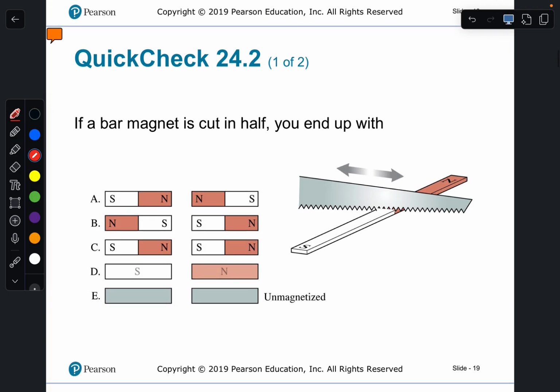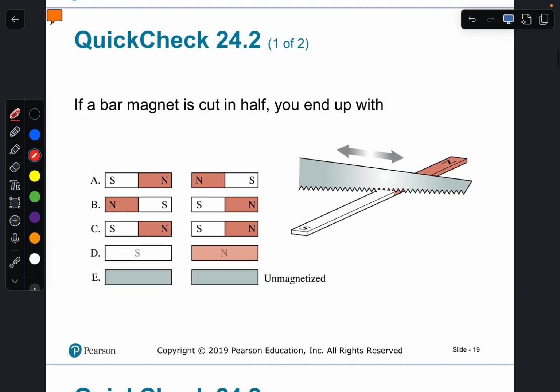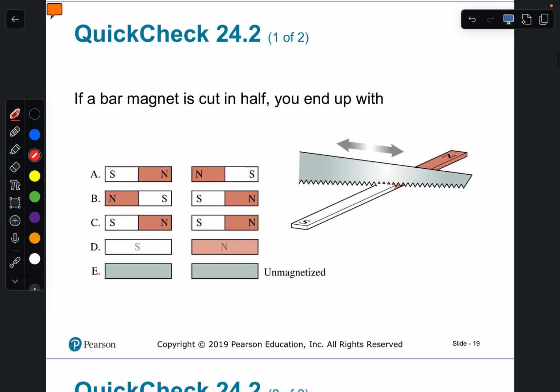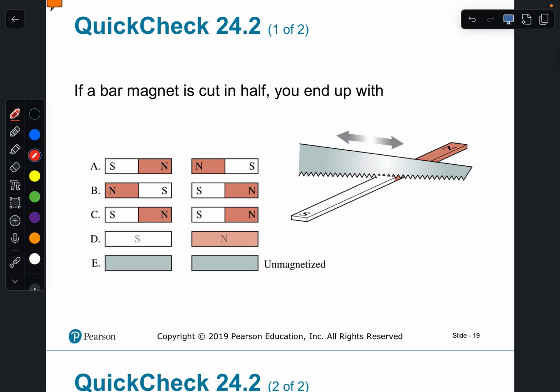So if you cut a bar magnet in half, you will end up with two separate north-south poles. So in which way do they spontaneously arise? Like if I cut this in half, what does this piece turn into and what does this piece turn into? So this piece will turn into the south pole and this piece will turn into the North Pole, right?